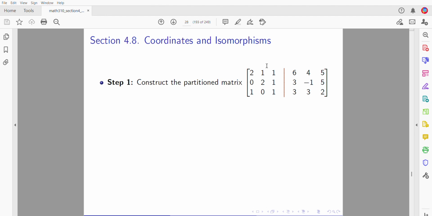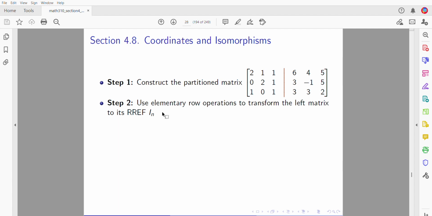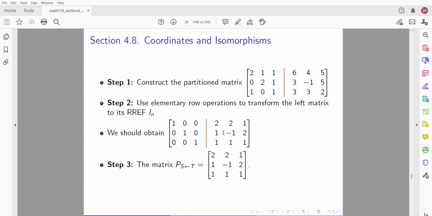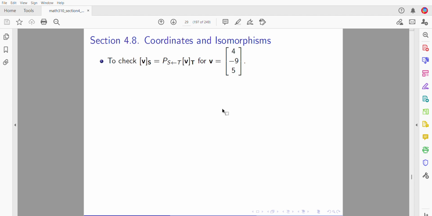That is, the reduced row echelon form will be In. Well, assuming our calculations are correct, this reduces to In and this transforms to this matrix. So that is the transition matrix. Now check for v the coordinate vectors.